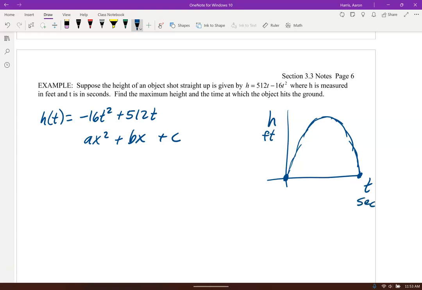So this is asking us to find the maximum height, and the time. So find the vertex, right? Find the maximum height and find the time at which the object hits the ground. So we'll hit the ground again over here, right? So in other words, we're finding the x-intercept as well.